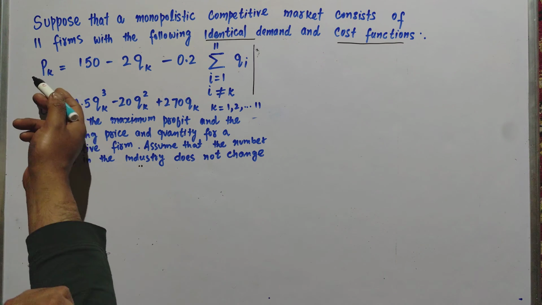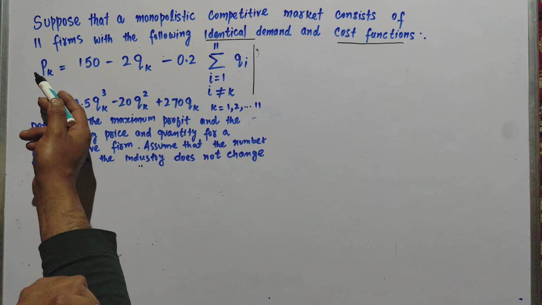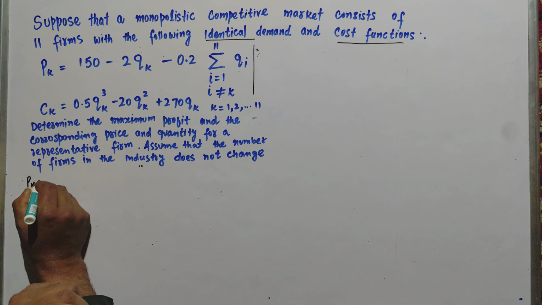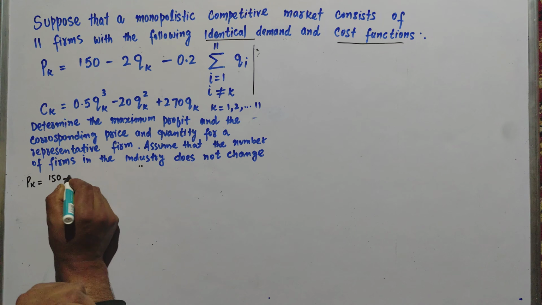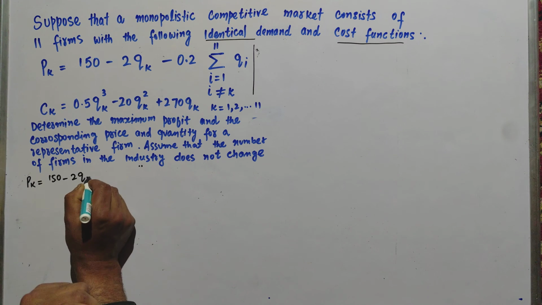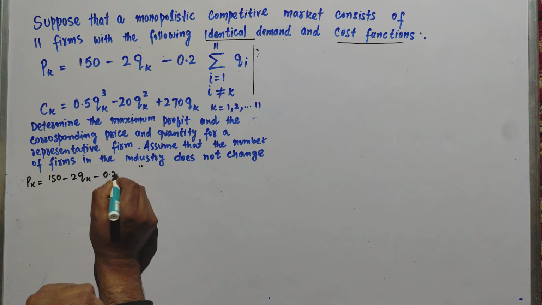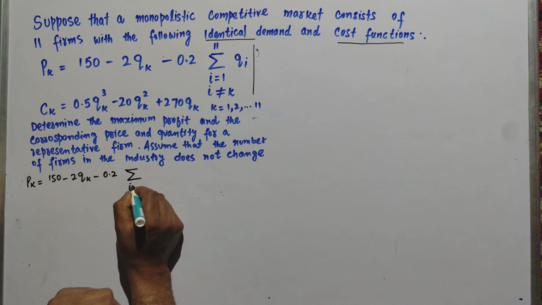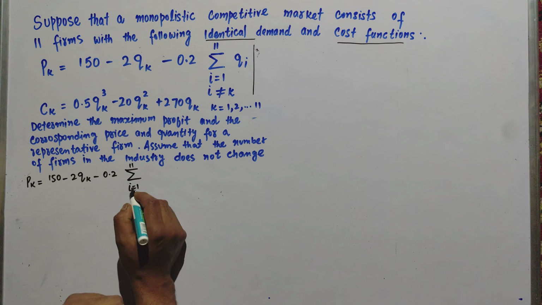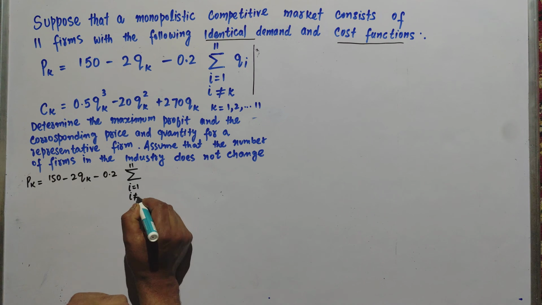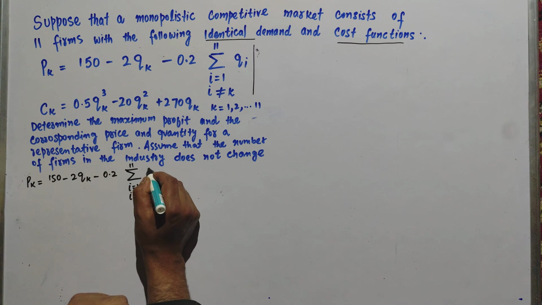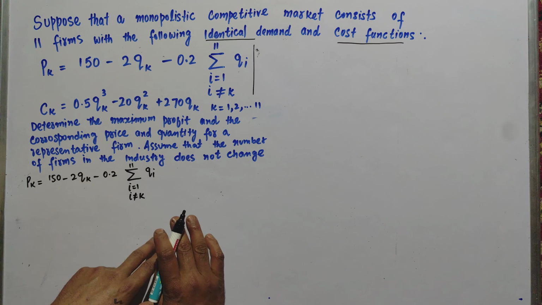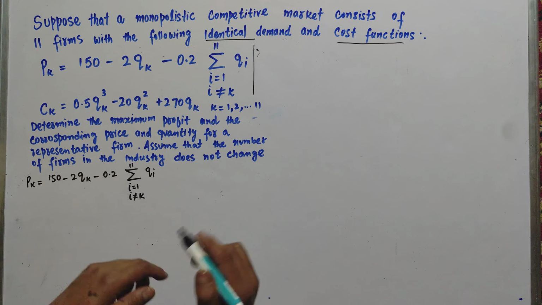So we are being given the demand function for the kth firm, that is P_K is equal to 150 minus 2 Q_K minus 0.2 times the summation of Q_I, I is equal to 1 to 11, but I is not equal to K. This is the inverse demand function for the kth firm.